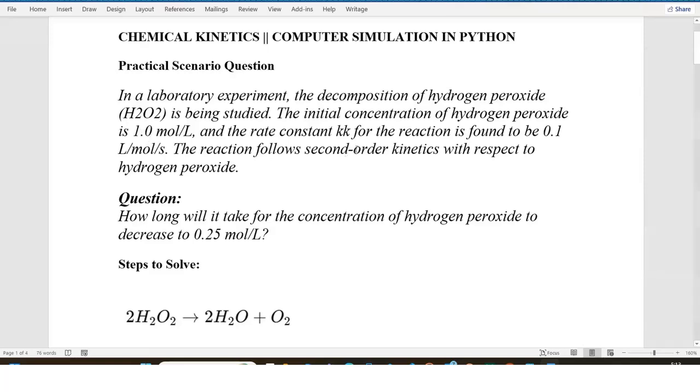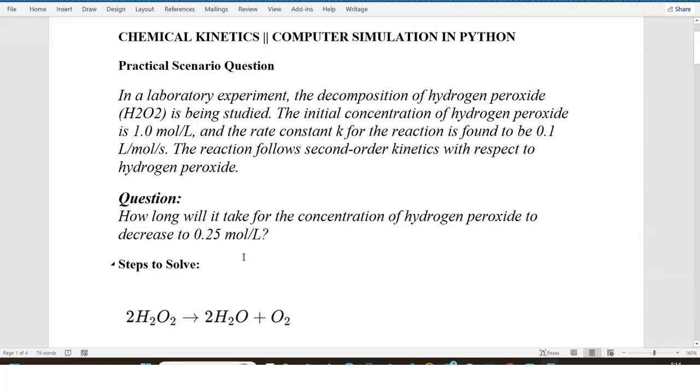And the rate constant k for the reaction is found to be 0.1 liters per mole per second. The reaction follows second-order kinetics with respect to hydrogen peroxide. Question: how long will it take for the concentration of hydrogen peroxide to decrease to 0.25 moles per liter?